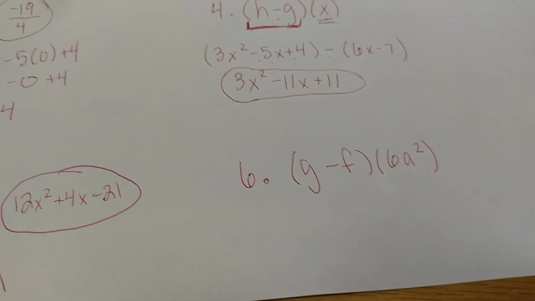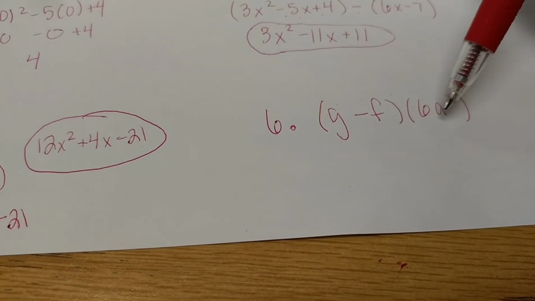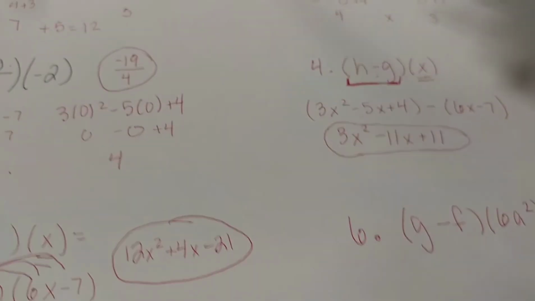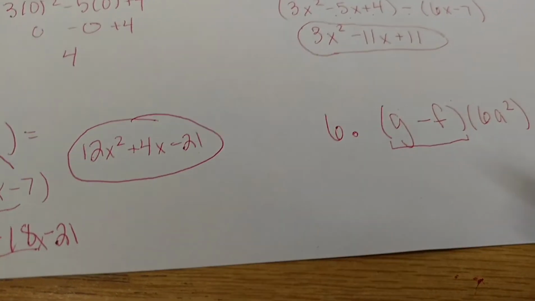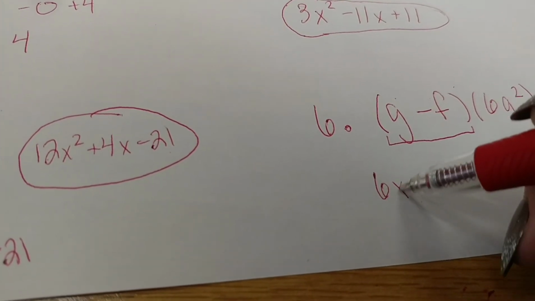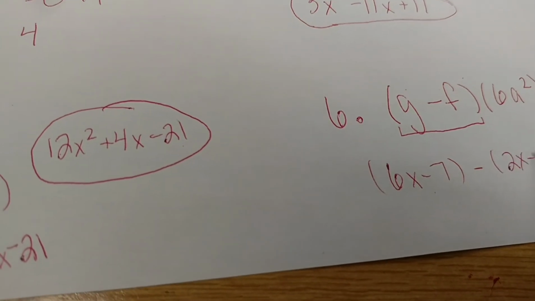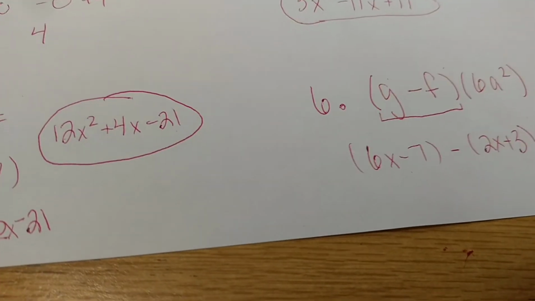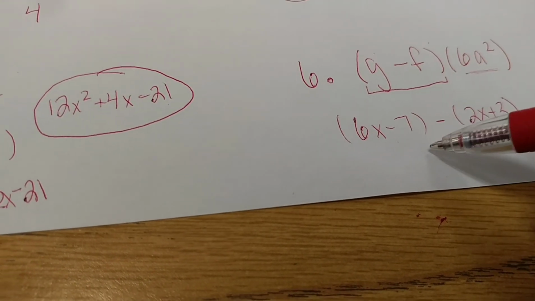Okay, the last problem that we're going to do on these notes is g minus f at 6a squared, so we do have something in parentheses that changes here. But again, it doesn't matter. We're still going to start with our function. We have g here, which is 6x minus 7, minus f, which is 2x plus 3. We do the math first. As long as this is not a single number, you must do the math.